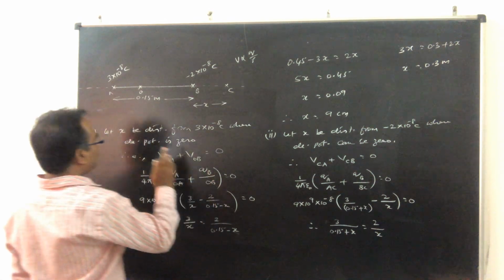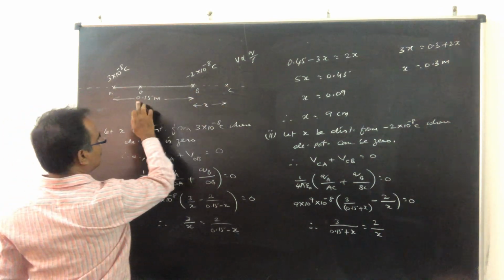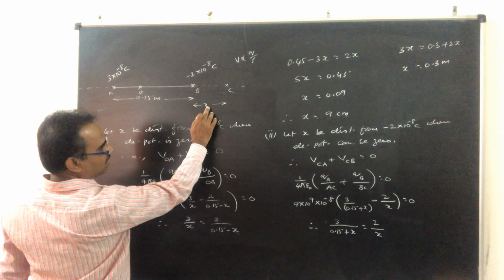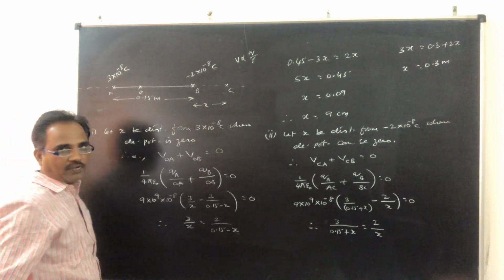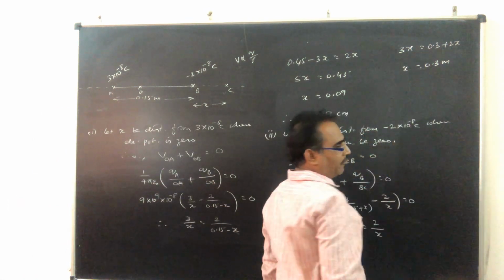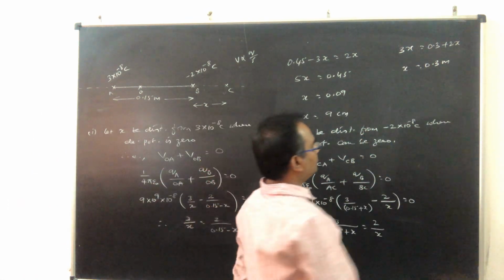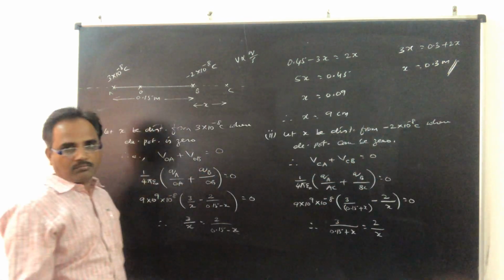Or otherwise, if I take the distance from here to here, so this is 0.15, this is 0.3, so this distance will become 0.45. So at 0.45 meter from the 3 into 10 to the power of minus 8 coulomb charge, the potential can become 0.